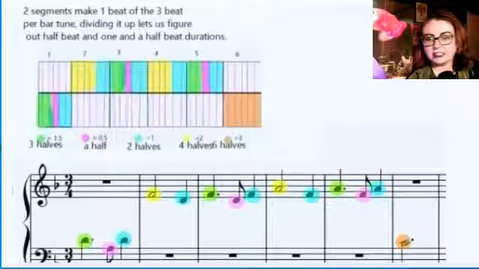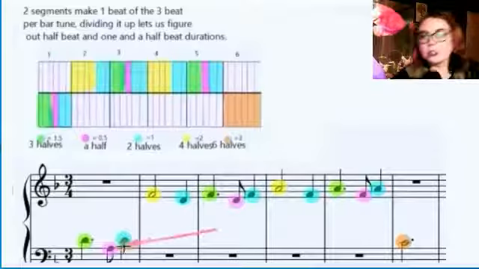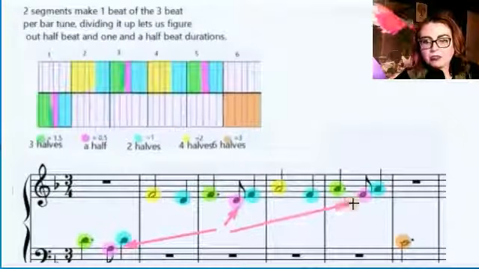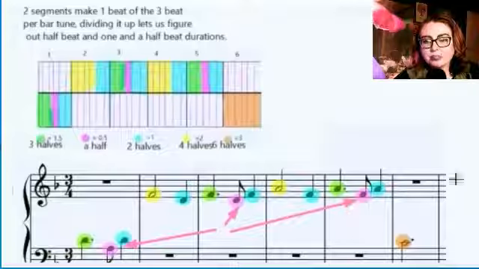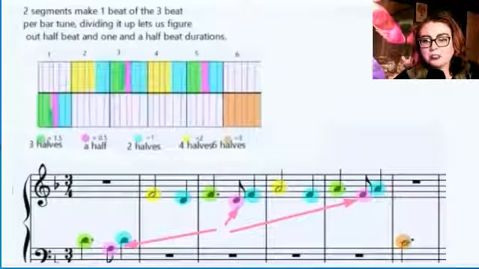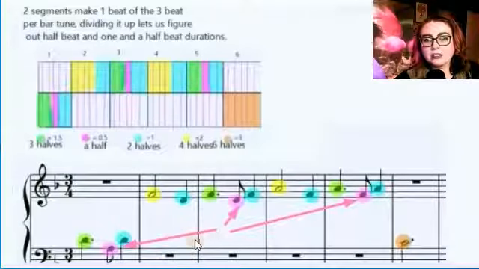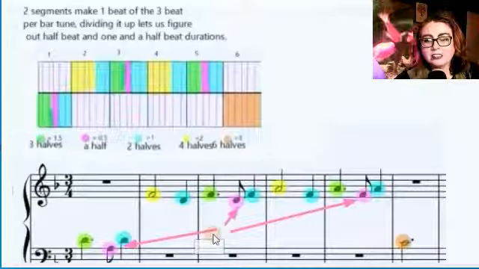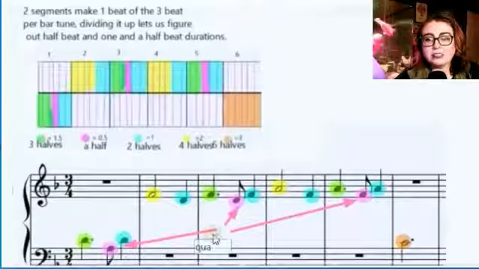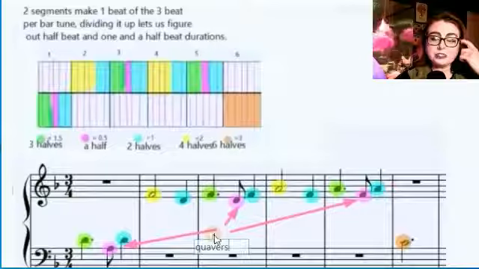Tick, tick, tick, tick. And the pink arrows are pointing to the quavers. They only last 1 tick, just half a beat in this tune.